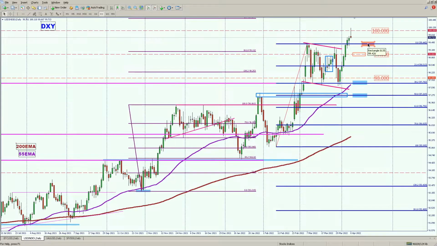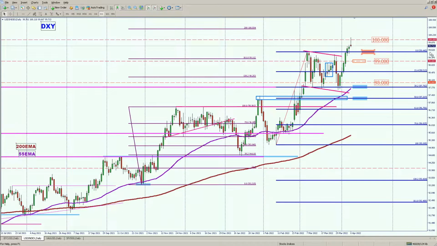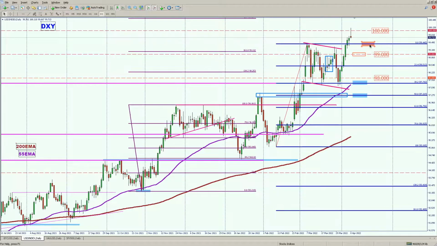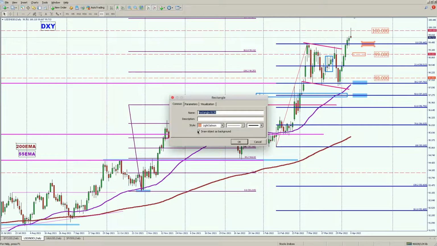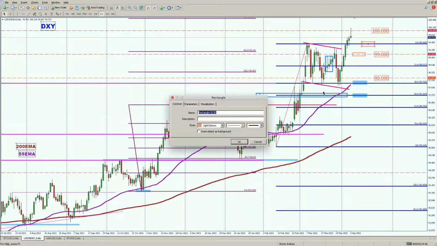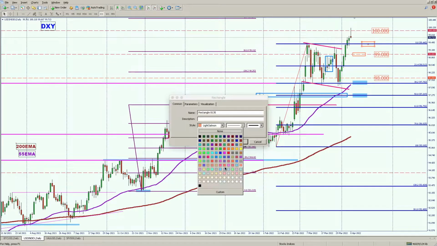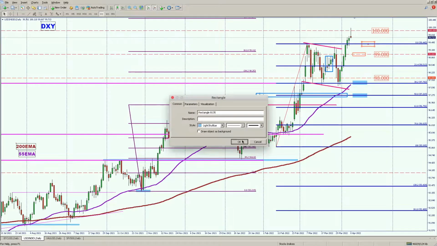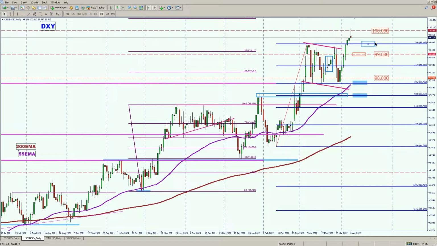So this area now is going to be support, and let's see here. We'll mark the resistance later, but for now, let's use this as a support zone. 99 is also going to be support.